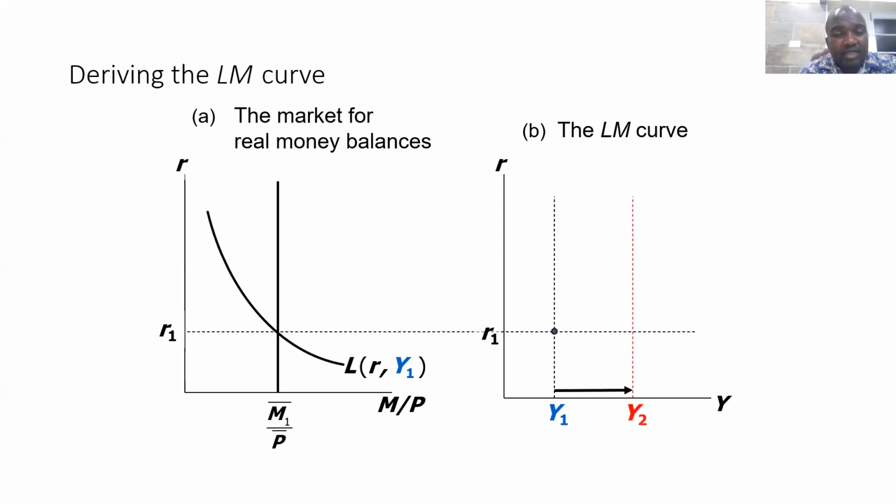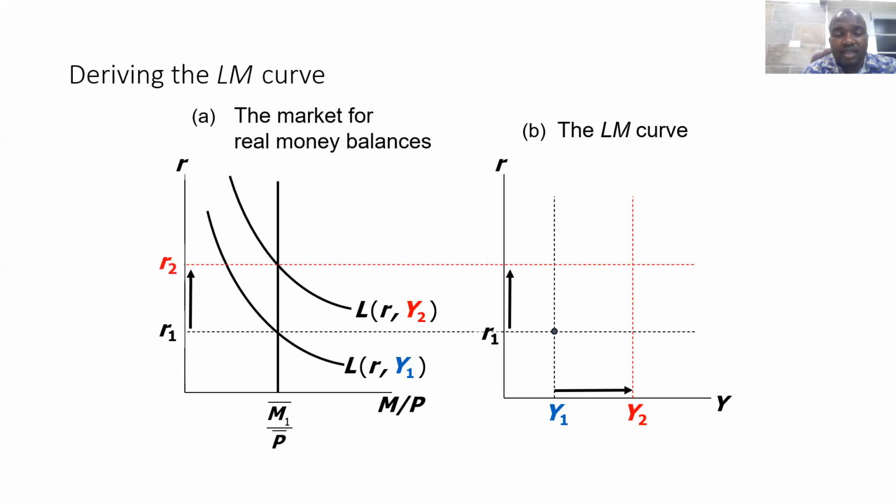And then we say let the level of national income increase. If it increases, it will increase the interest rate. So it stands to reason that a higher level of national income, Y2, is associated with a higher interest rate, R2, which is what is illustrated on panel B of our graphical exposition.